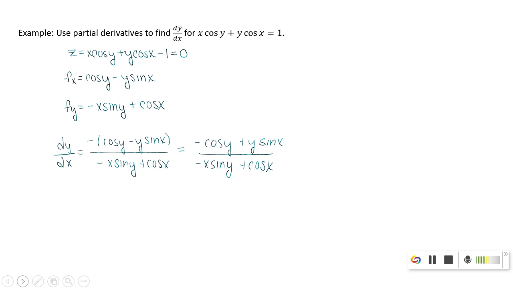And that means dy/dx would be negative partial with respect to x divided by the partial with respect to y. And so right away I can quickly write down what that derivative is. This application of the chain rule is a little bit faster than that implicit differentiation that we learned in the past.